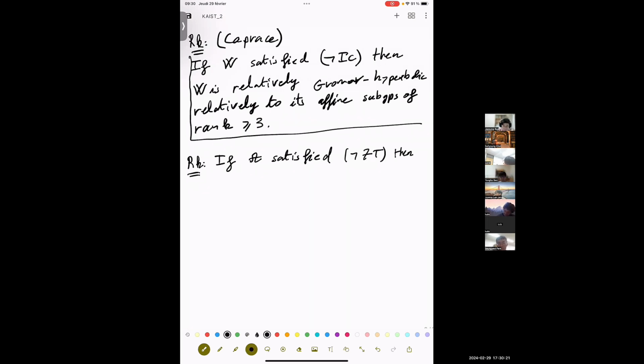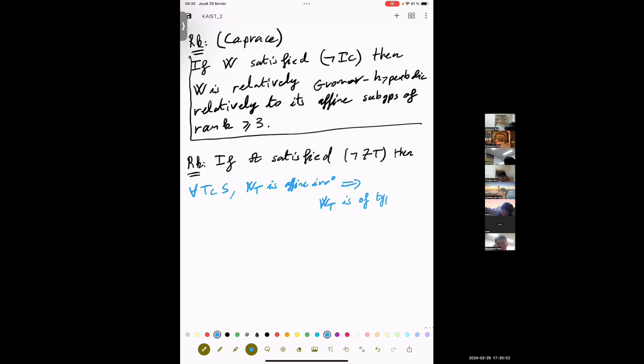Then it means that for every T included in S, if WT is affine irreducible, then WT is a special kind of affine Coxeter group, is of type A tilde.